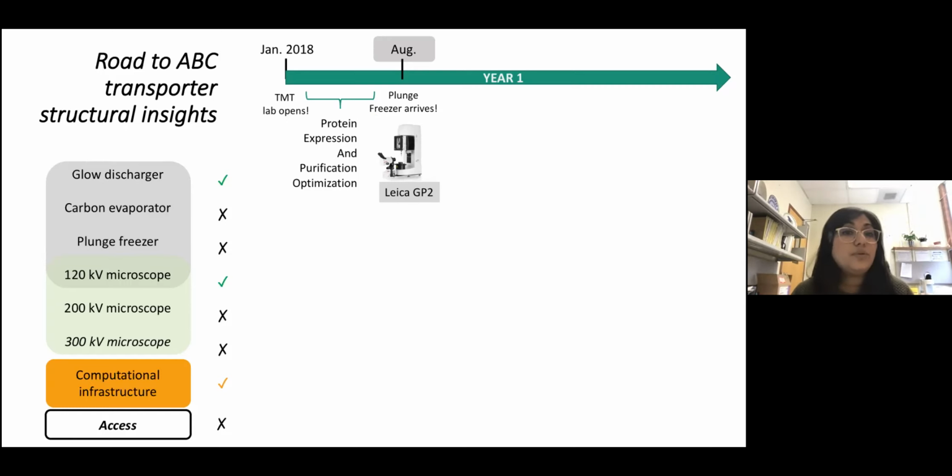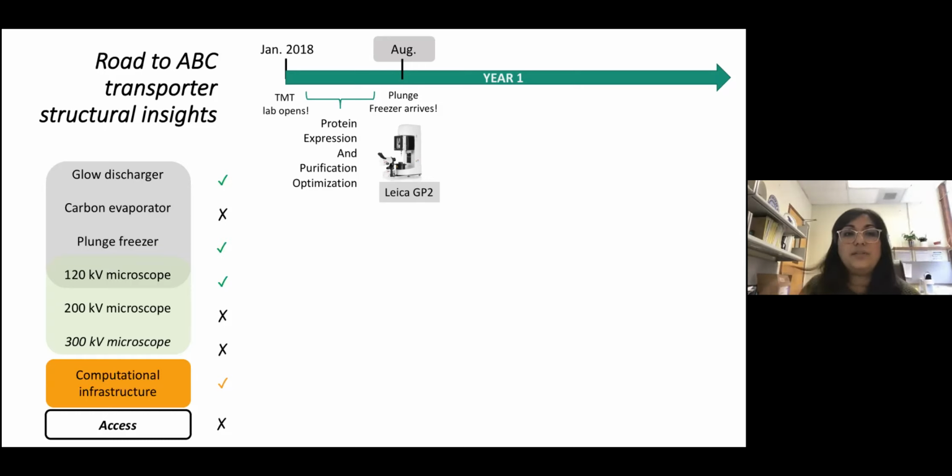It has been a beautiful instrument that has given us reproducible results for the last 3 years and has been working like a dream. This is the fifth member of our co-founding team, the Leica GP2. With that, we eliminated one of the barriers to studying structures using cryo-EM.